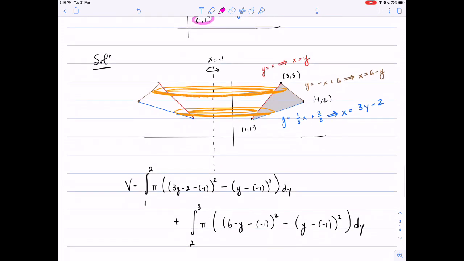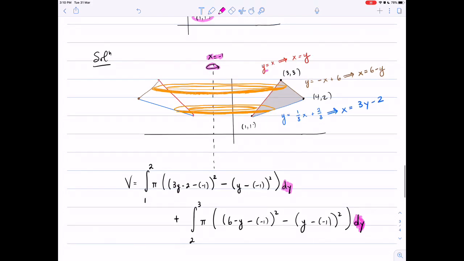We are going to be revolving around the line x is equal to -1. We are told that we need to integrate with respect to y. We need to cut the solid into slices that go through the axis of revolution, so we're going to be integrating with respect to y, which means that all of our functions need to be expressed in the x equals g of y format.